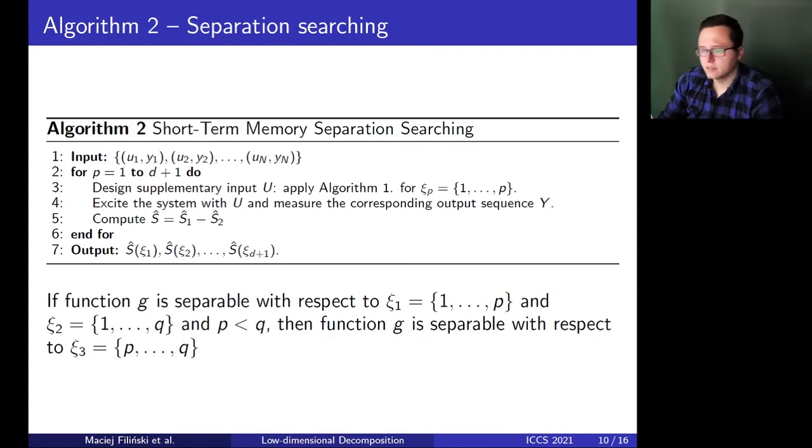And the output of this algorithm, of course, is the separability factor for each Xi. And we know that if the function g is separable with respect to Xi_p and p is less than q, then the function g is also separable with respect to Xi_q.